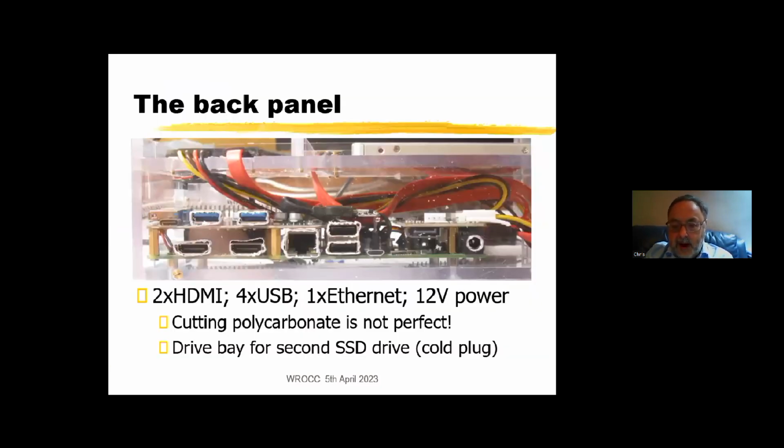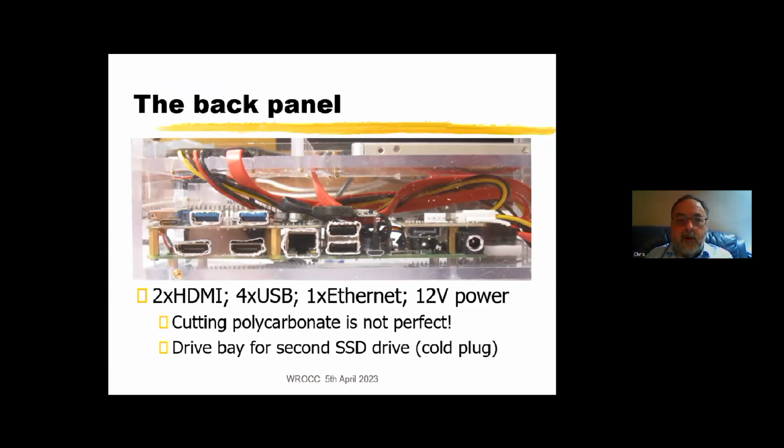So, looking at the back panel, there's a cutout, neatly done, of course, on a drilling machine, which is not perfect. I've been thinking of getting something better to cut polycarbonate sheets. I haven't got around to it. But basically, you've got the 2 extra USB sockets, the 2 onboard sockets, the Ethernet socket, the 2 HDMI sockets, and the power input.